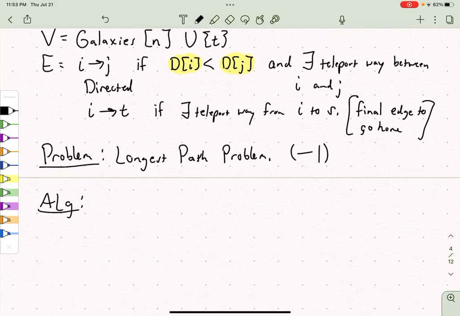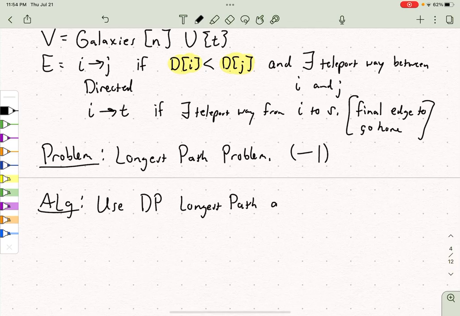So what's the algorithm? We use the dynamic programming longest path algorithm from the textbook. It's the same as the shortest path algorithm.